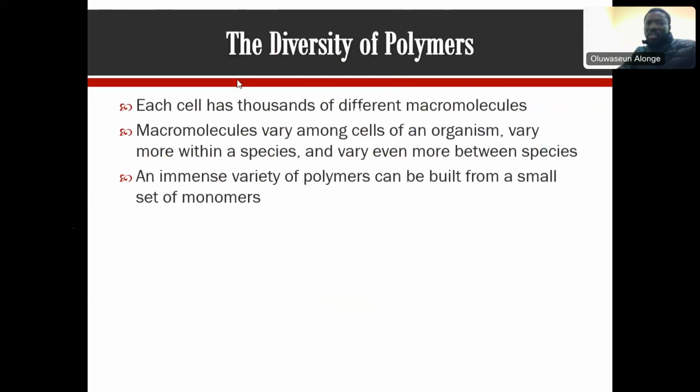All right, so each cell has a lot of macromolecules present in it, and the macromolecules are also of different diversities in different organisms, and it varies even more within species.